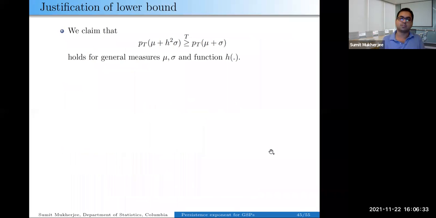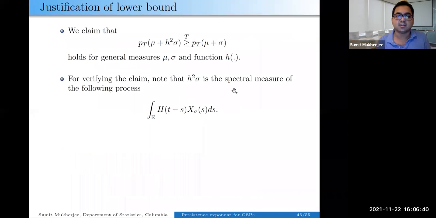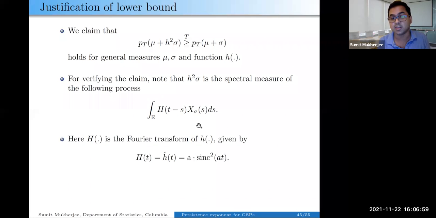And this we claim much more generally. We claim that this holds for general measures mu, sigma, and h, of course under some assumptions, which I'll try to indicate. For verifying this claim, what one has to note is that h squared sigma is a spectral measure of this process. You take this X sigma process, the Gaussian stationary process with sigma as the spectral measure, and you convolve with this function capital H, which is the Fourier transform of small h, given by this function, which is nice and integrable, because that part is important for the proof.